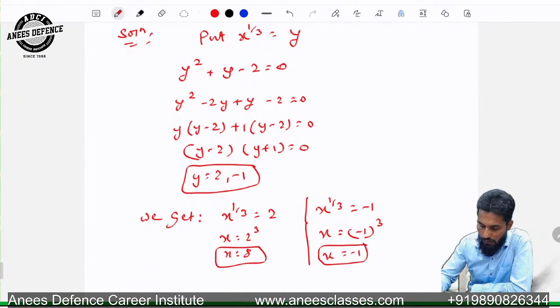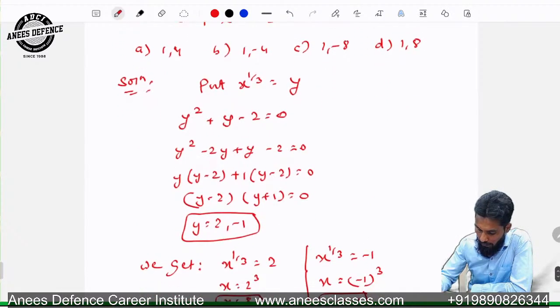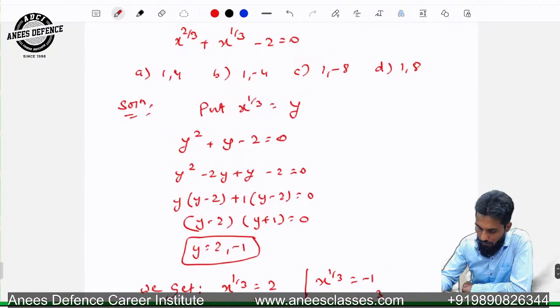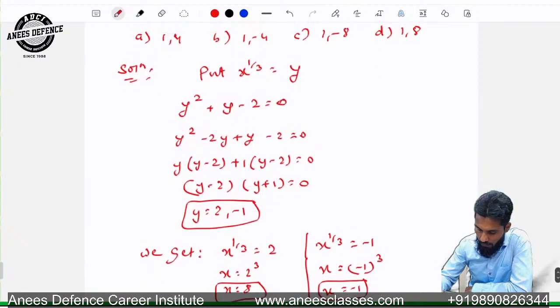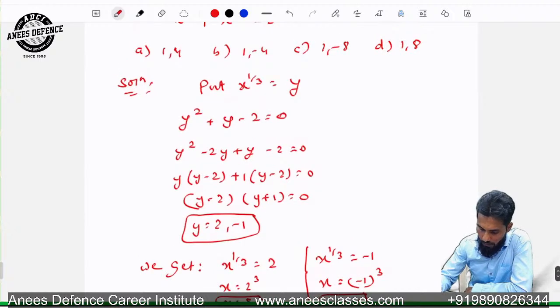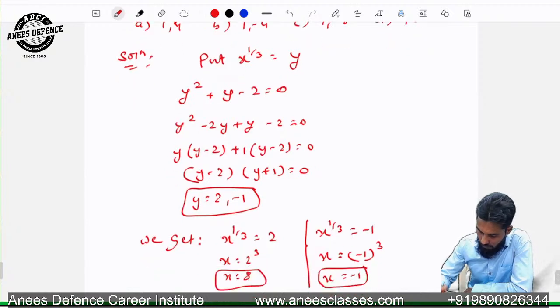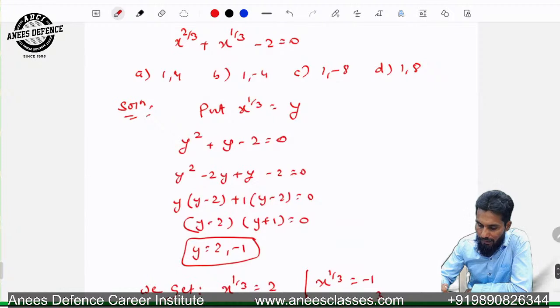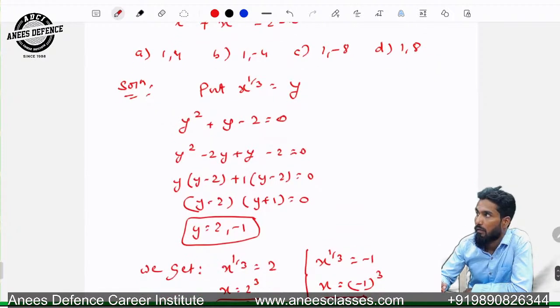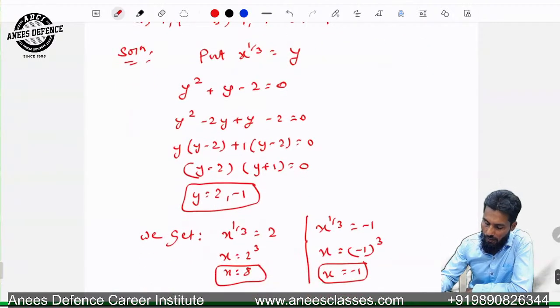So you got two values, 8 and minus 1. But your options are 1 and minus 8, right? So is there some mistake in the question? Please see. We are getting 8 and minus 1, but in the option they have given, oh, both are same. 1 and minus 8 is correct. We have two roots. Fine, no?